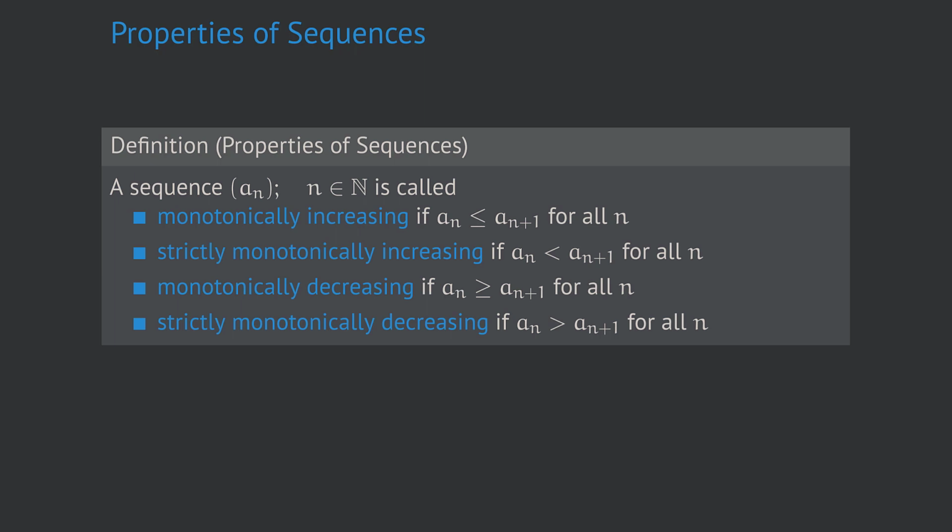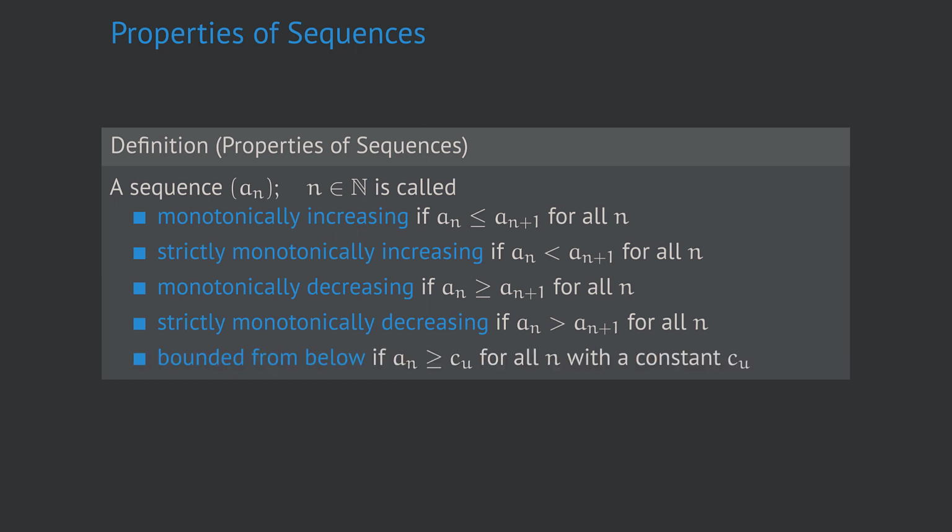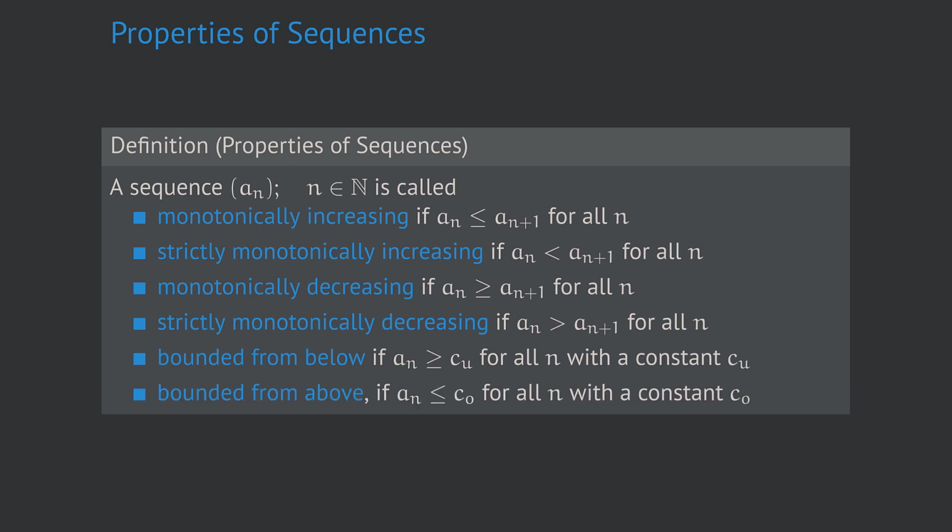The sequence is called bounded from below if there is a constant cu, which we call the lower bound, such that all sequence members are greater than or equal to cu. Similarly, the sequence is called bounded from above if there is an upper bound.